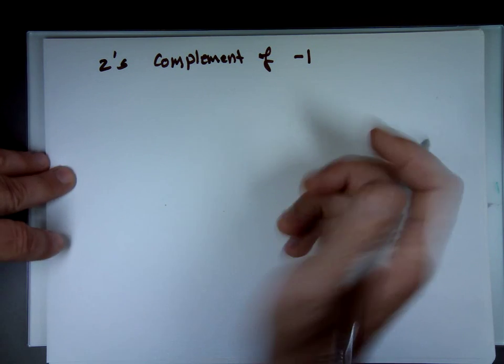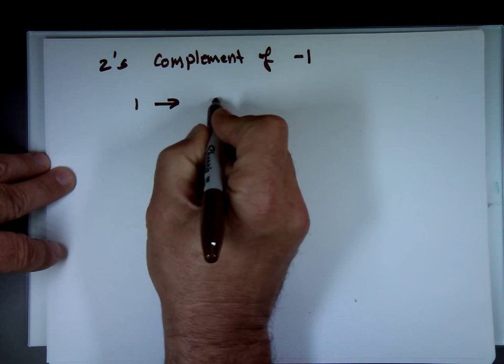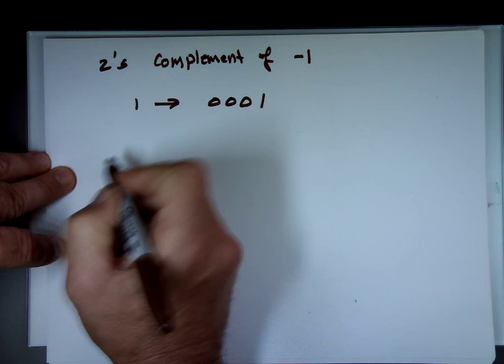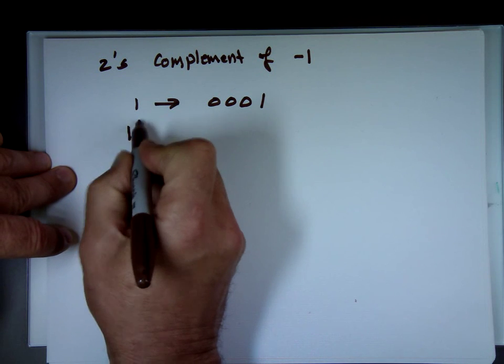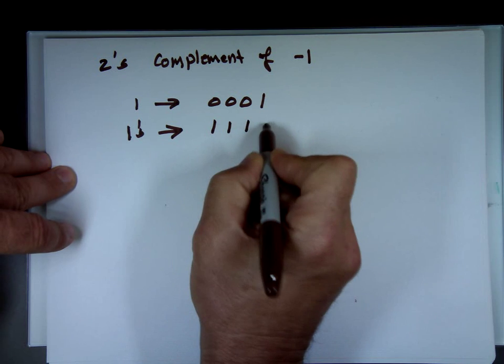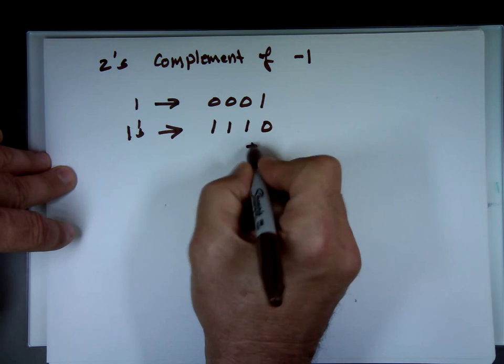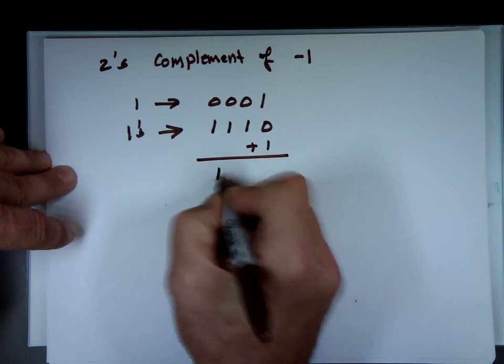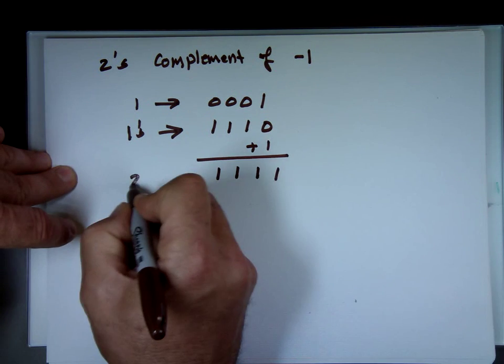Because you start with the 1, and the 1 is what? 0, 0, 0, 1. The 1's complement will be what? 1, 1, 1, 0. Add 1 to the answer, what do we have? 1, 1, 1, 1. That's the 2's complement.